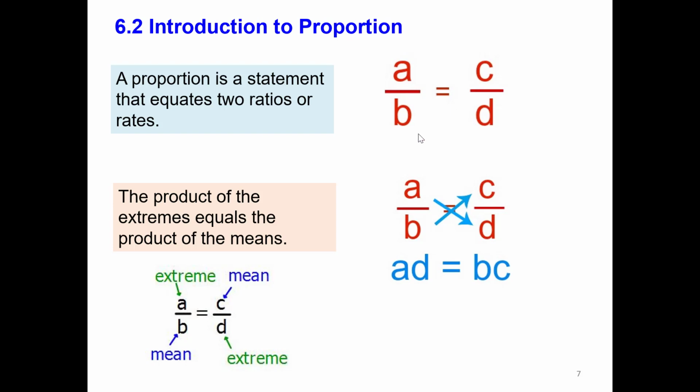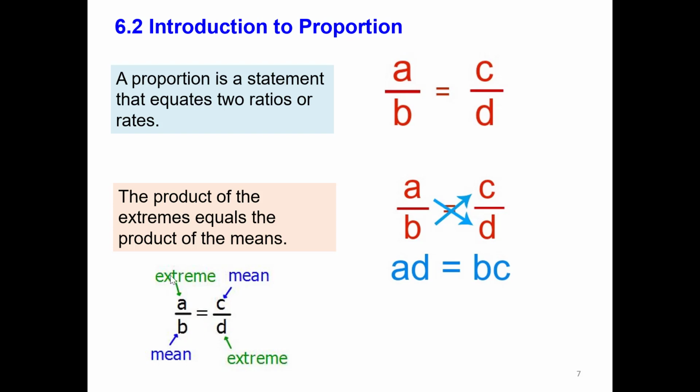Why is the proportion important? Because if we multiply the extremes, which are these two numbers, and we multiply the means, which are these other two numbers, the products of these two quantities, extremes and means, are equal.